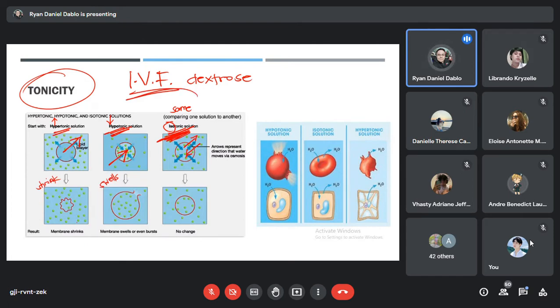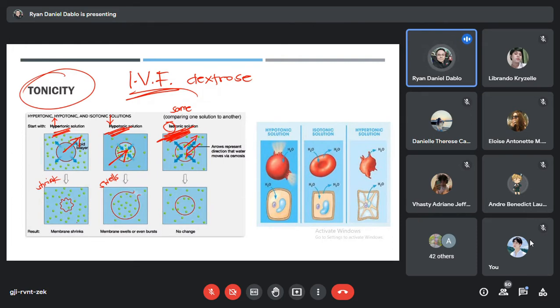The IVF you see in hospitals are actually isotonic, hypotonic, or hypertonic as the needs demand. For instance, if the client is dehydrated, we want water to move into the cell, so what is typically given to the patient is a hypotonic solution.